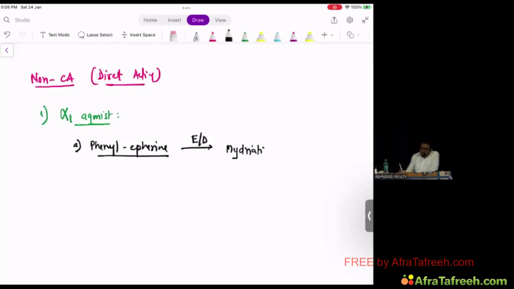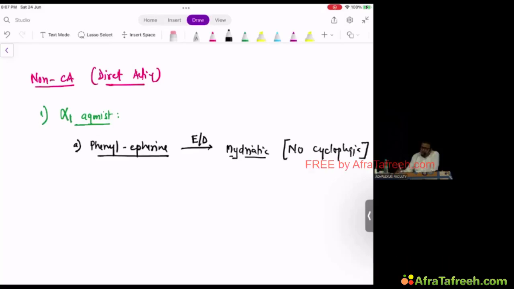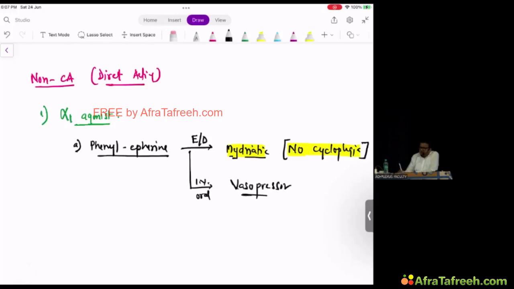So it's a mydriatic which will not cause any cycloplegia. What is cycloplegia? We will discuss later. Mydriasis without any cycloplegia. Phenylephrine, if given IV or oral, can be used as a vasopressor. Vasopressor will be used in treatment of shock.